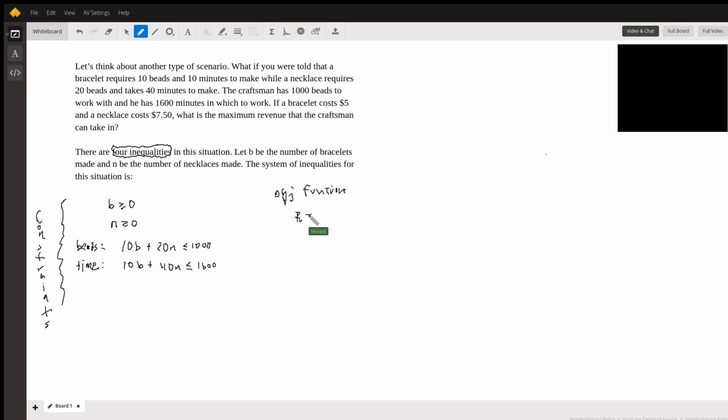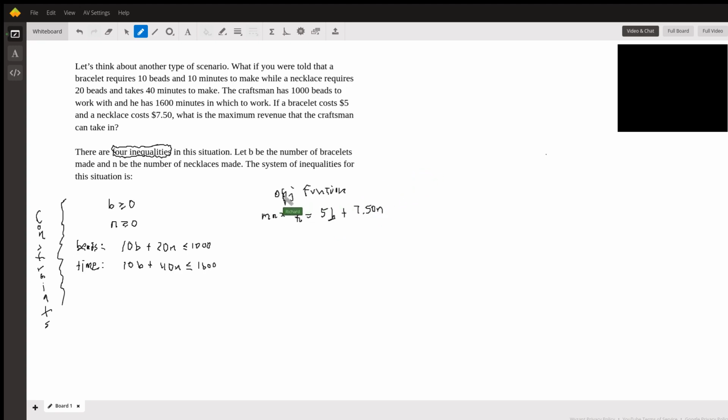This is what we want to maximize. A bracelet goes for $5, so it's $5 for every bracelet. And a necklace is sold for $7.50.